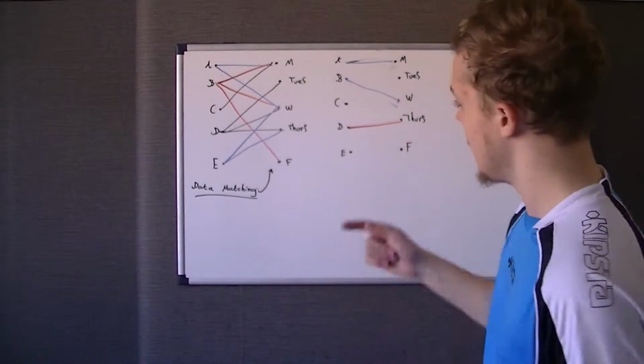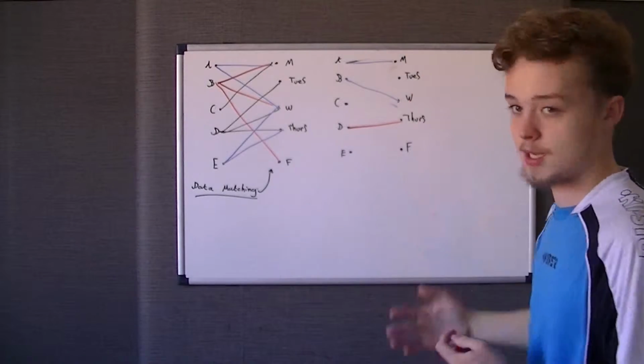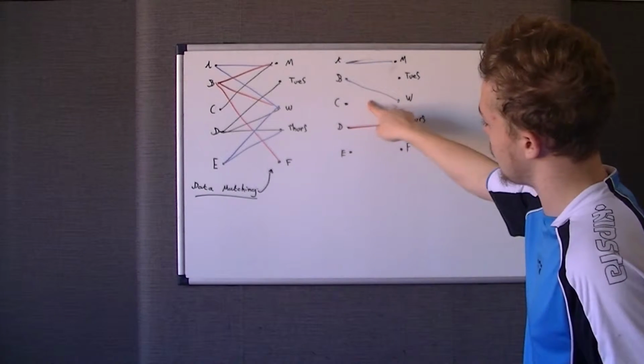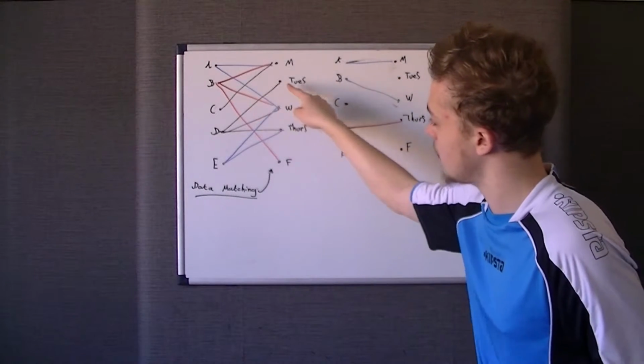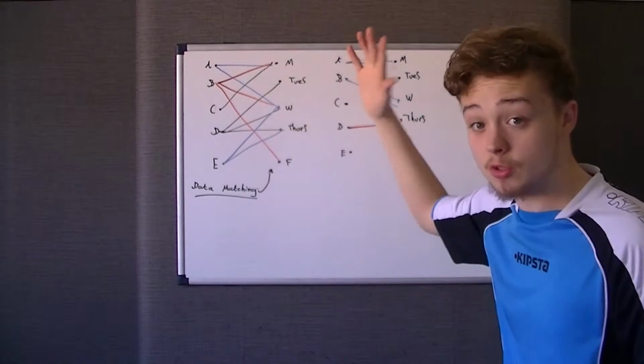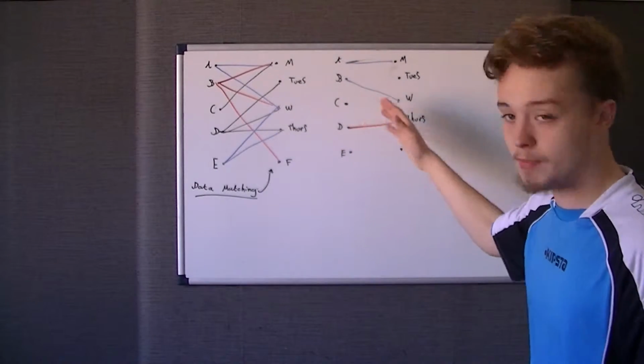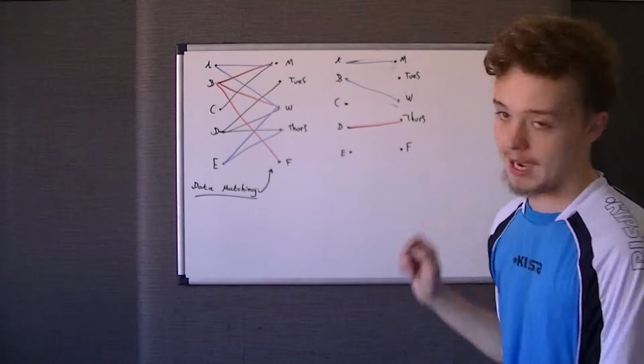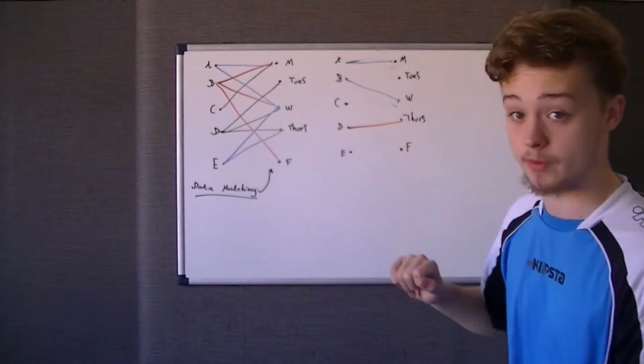Well, no, because to be able to finish this initial matching, we need to look at what C can go with, because if we look over here, it can't go with Tuesday. The reason we've drawn this data matching is to show what possibilities the nodes on the left-hand side can have, because we need to connect them up with something.